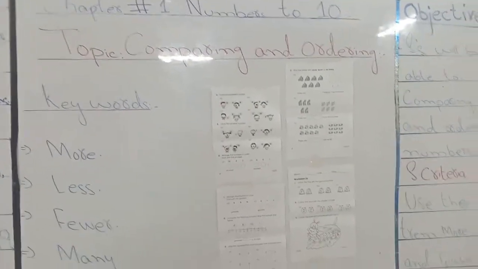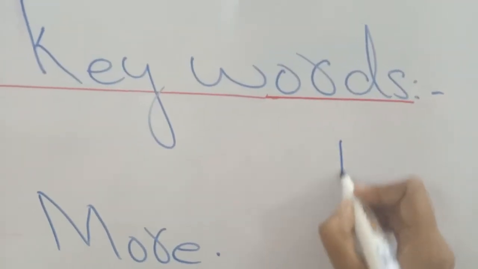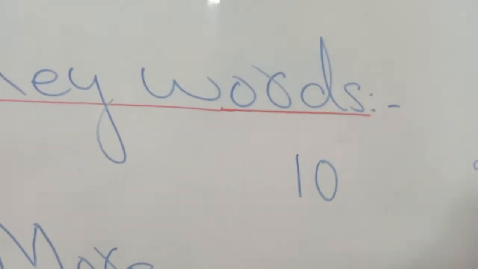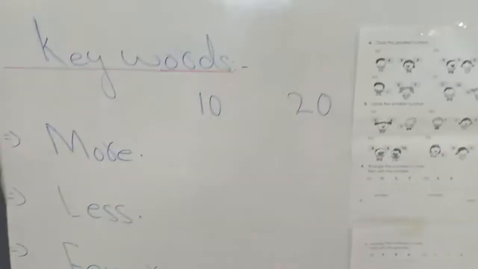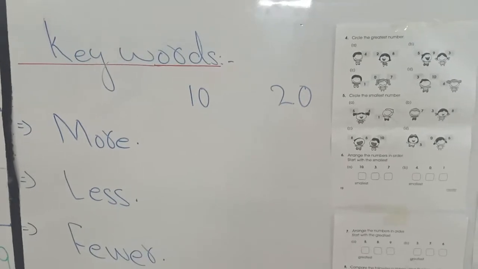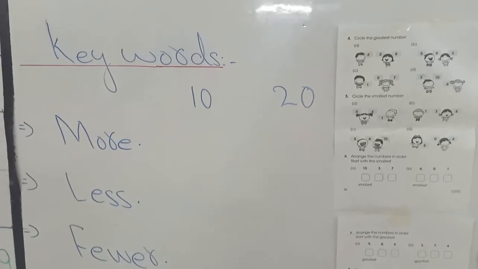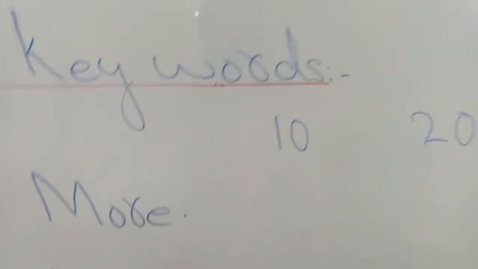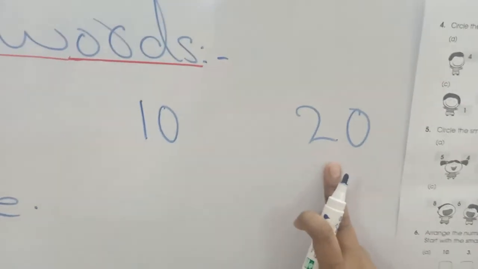If you have two numbers, suppose you have the numbers 10 and 20. How do we compare them? The first number, 10, is the smaller number and 20 is the greater number. Yes, we compare it. 10 is the smaller number, 20 is the greater number.